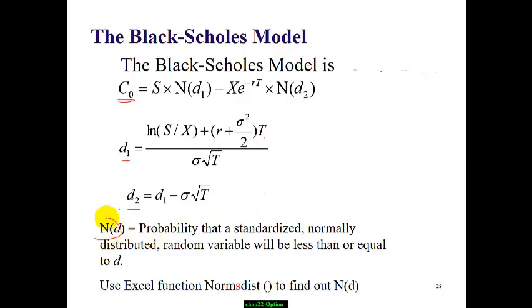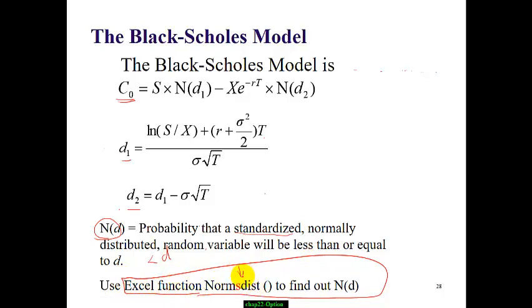Then we use a normal distribution function to find the probabilities. This is for a standardized normal distribution: how likely you are to have a value less than D. The best way to find N(D) is to use the Excel function NORM.S.DIST.